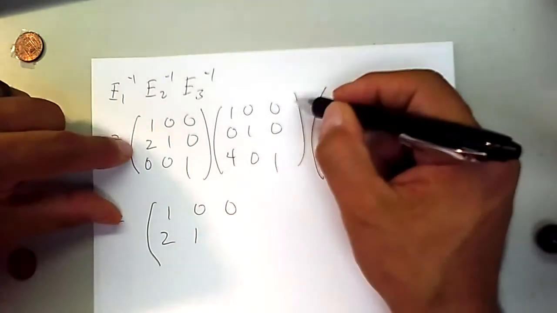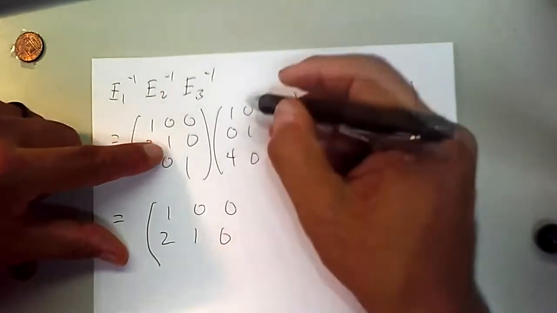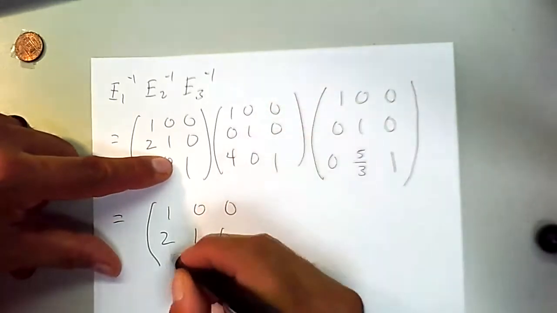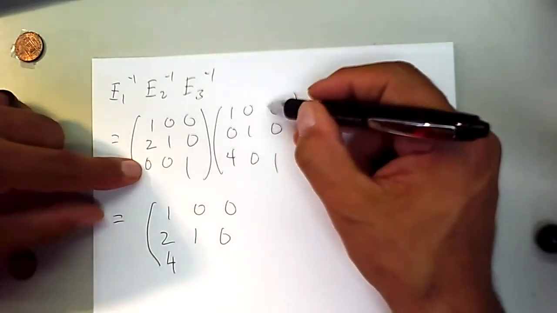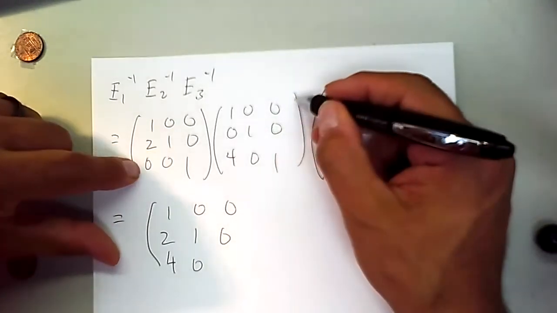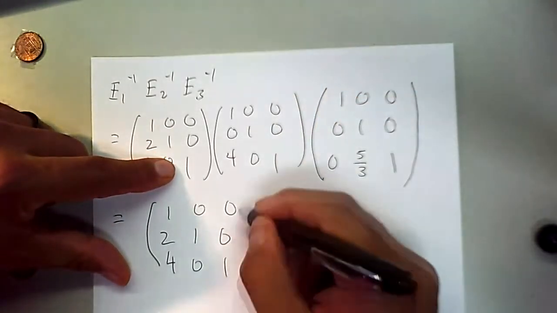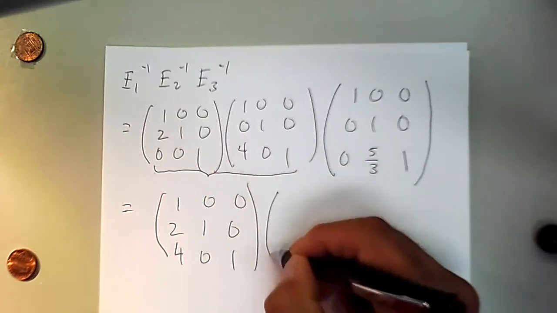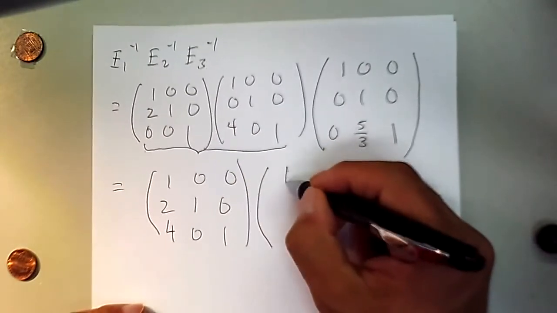So that is 1, and 0, 0, 0. And then we have 1, 0, 0, 4. Interesting. 0, 0, 0. And then 0, 0, 1. Okay, so that was the product of the first two. We still have to multiply by this guy.